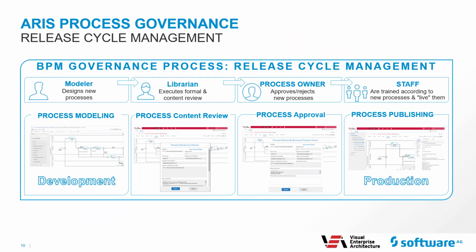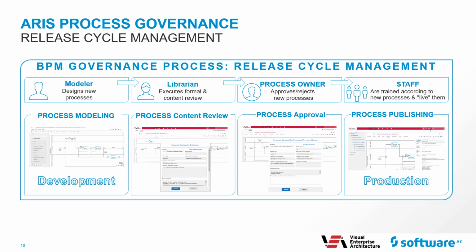Okay, so let's walk through the BPM governance process here called release cycle management, also known as maybe model lifecycle management. So this involves the review and release of the process model using a defined workflow process. In the example shown here, we have a modeler who designs the process.